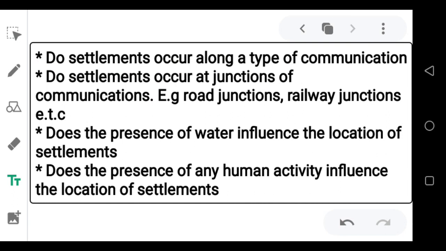Do settlements occur at junctions of communications, e.g. road junctions, railway junctions, etc.? Does the presence of water influence the location of settlements? What you see on the map will tell you how to answer these questions. Does the presence of any human activity influence the location of settlements?